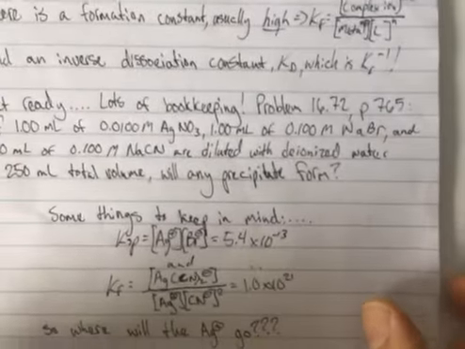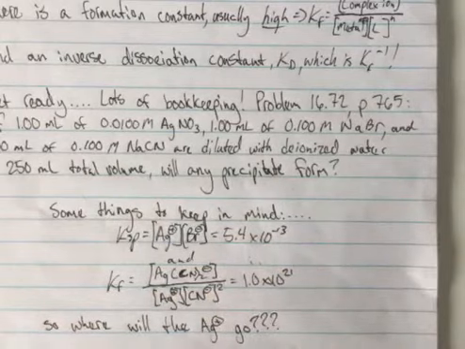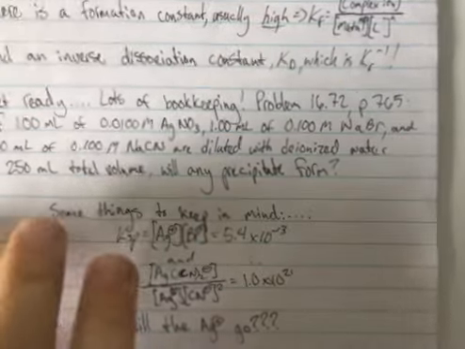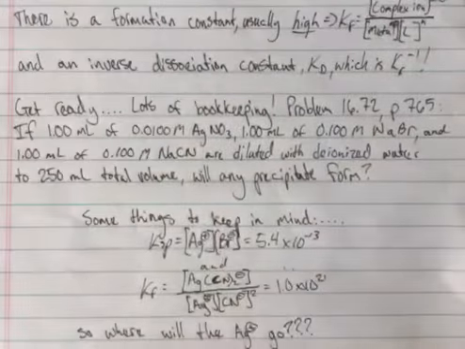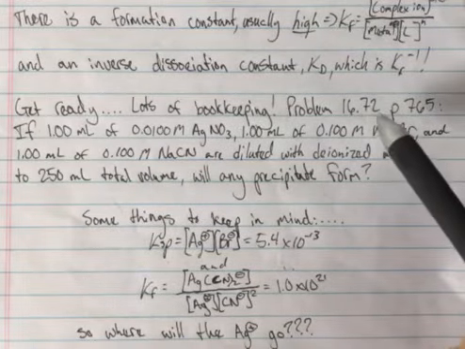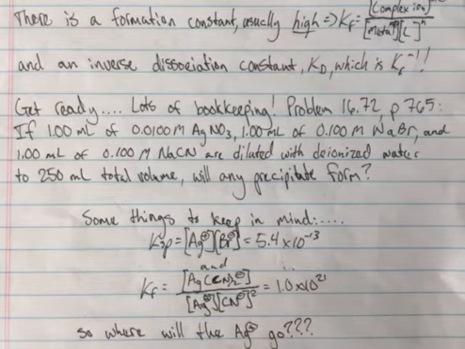Okay, so in this last example, which is going to be painfully long, we'll do it anyway, because there's still some theory to hash out here. Problem 16.72 on page 765.